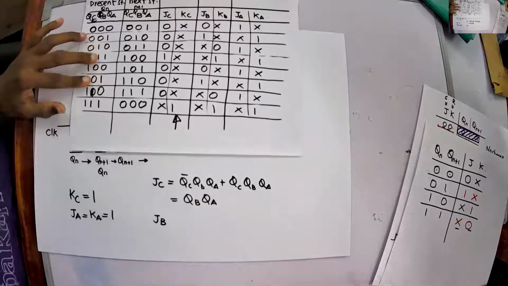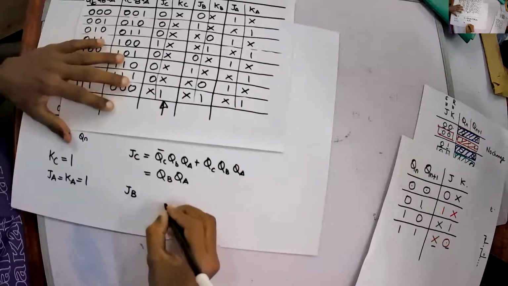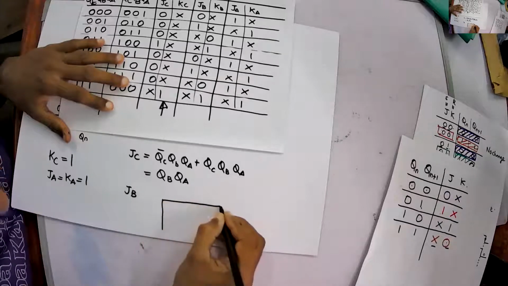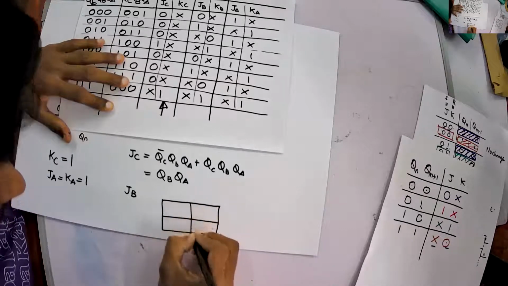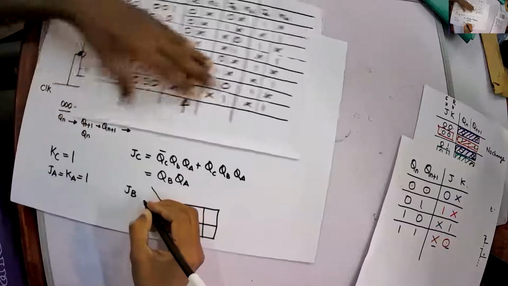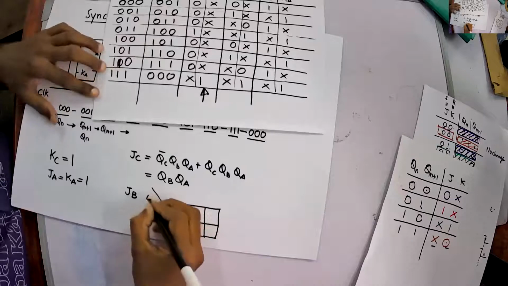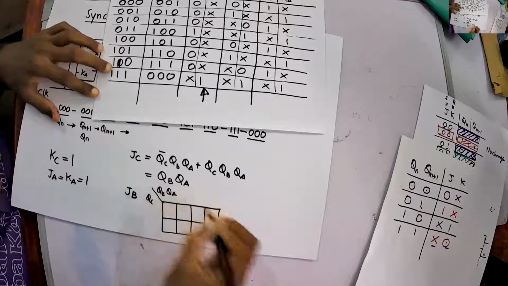If I simply draw a simple K-map, I can draw a K-map for JB.